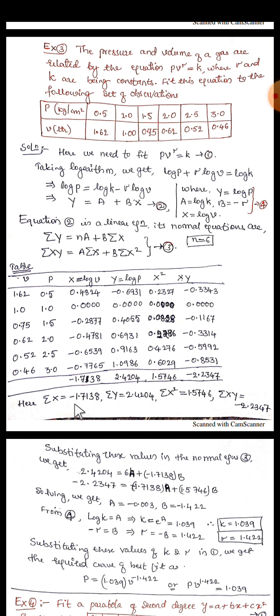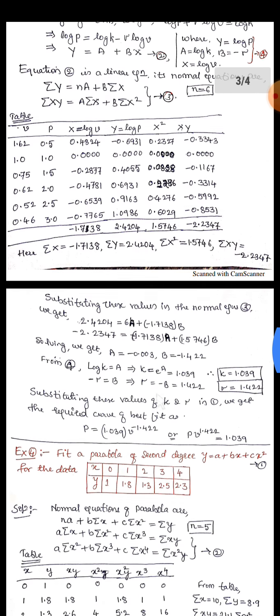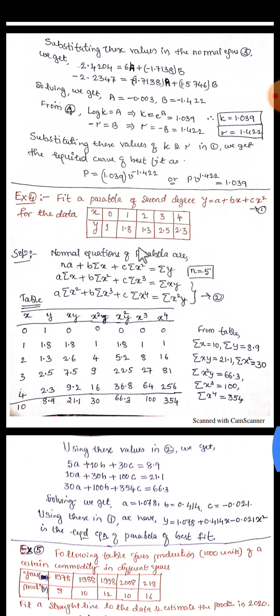So summation of X is minus 1.7138, summation of Y is 2.4204, summation of X squared is 1.5746, and summation of XY is minus 2.2347. Substituting these summation values in the normal equations, we get 2.4204 equals 6A, where n equals 6 is the number of observations, plus minus 1.7138B.